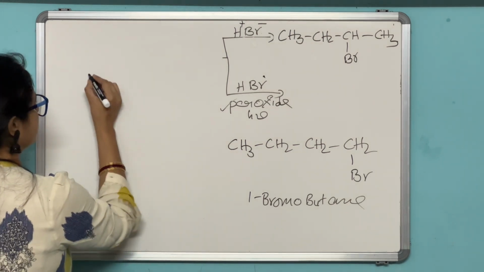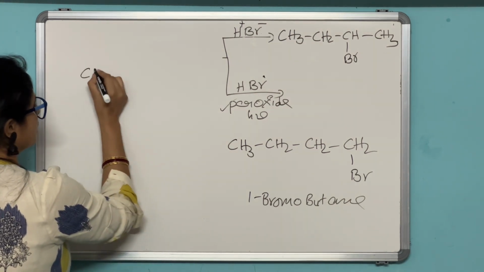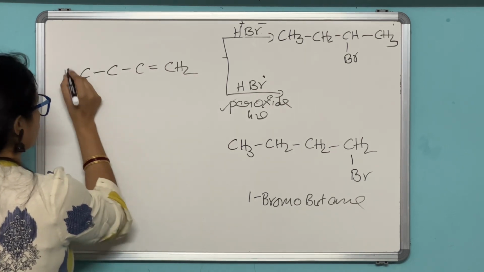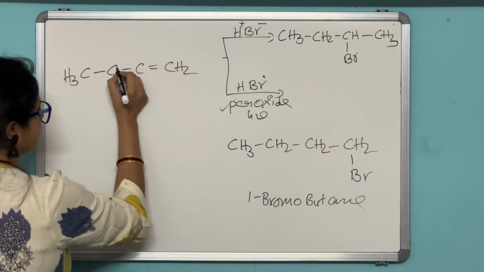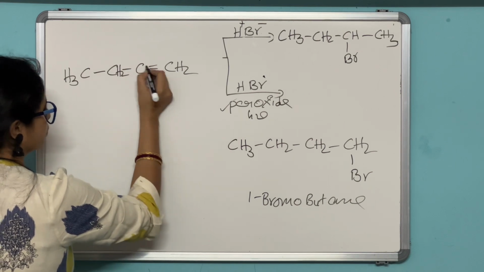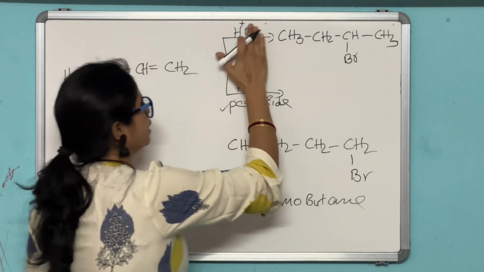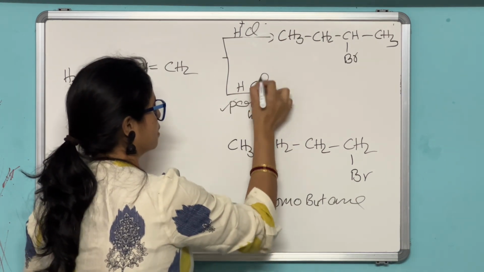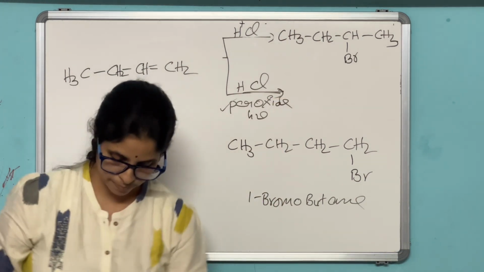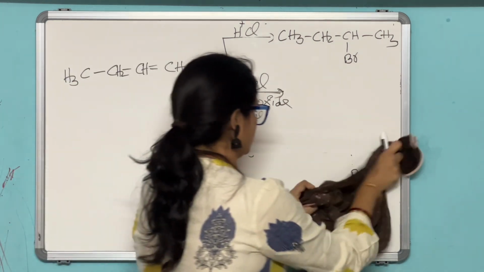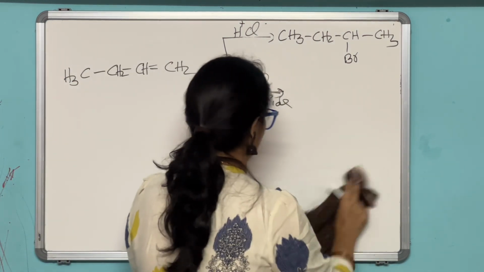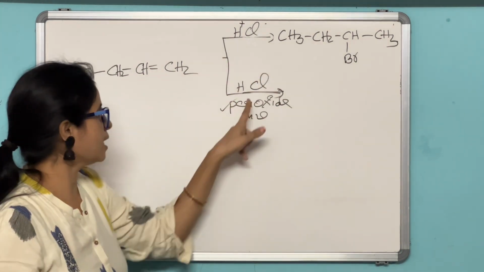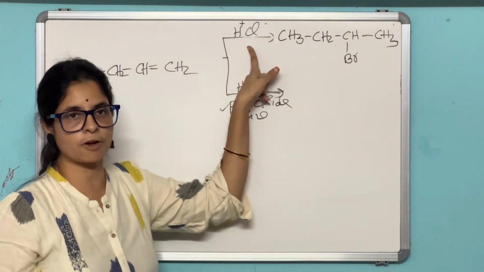The same 1-butene, if you are given with HCl, what is your product? So here you are given HCl in the presence of peroxide and in the absence of peroxide.